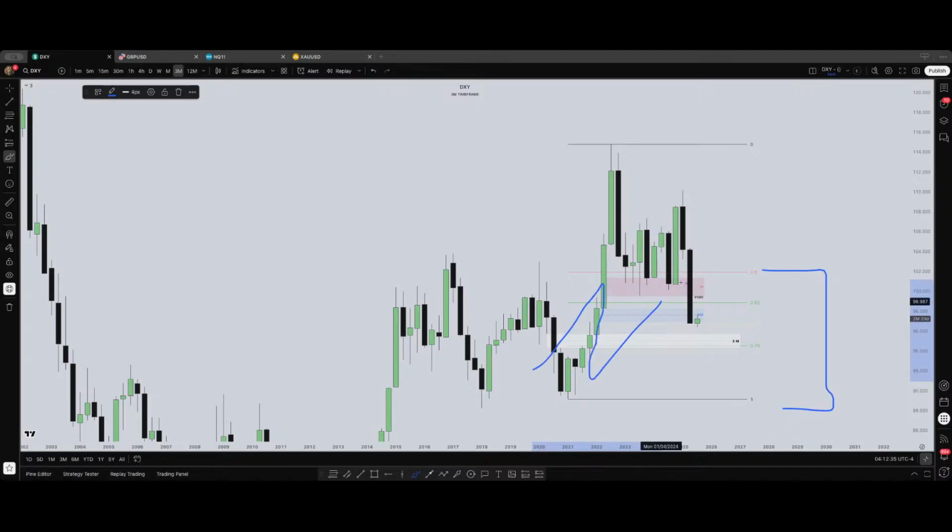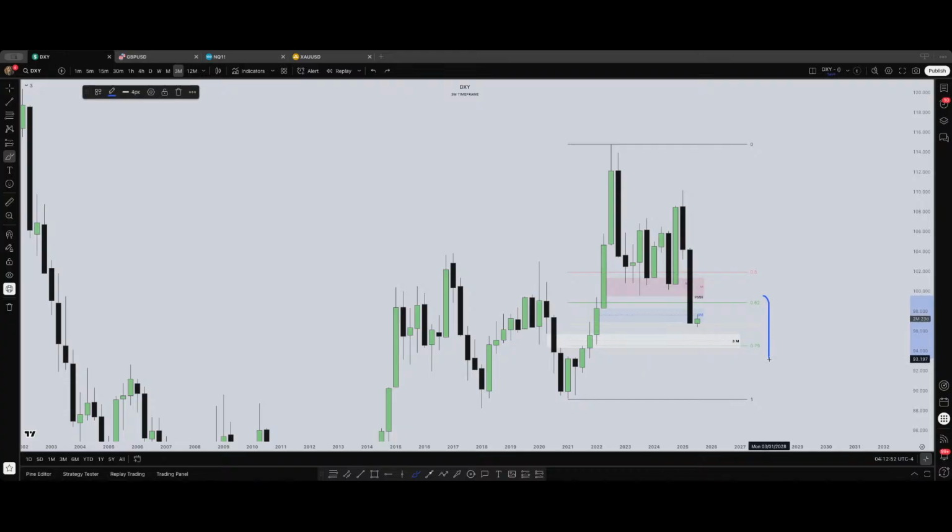So all this area is discount, and in here we have the optimal trade entry, which is between the 0.79 and 0.62 levels of the Fibonacci.